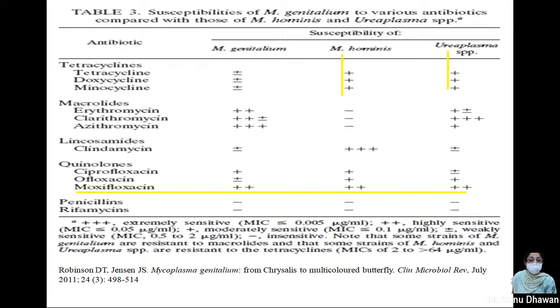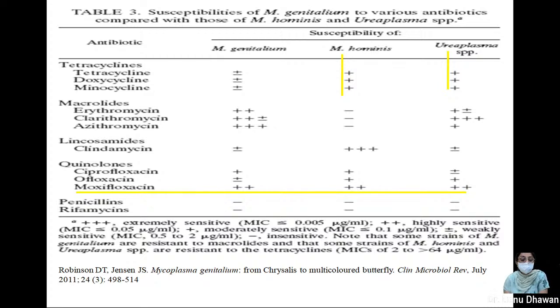Now, this is a table which shows the susceptibility. As you can see, ureaplasma is susceptible to tetracyclines, the macrolides, and the quinolones. M. hominis is inherently resistant to macrolides, that is azithromycin.